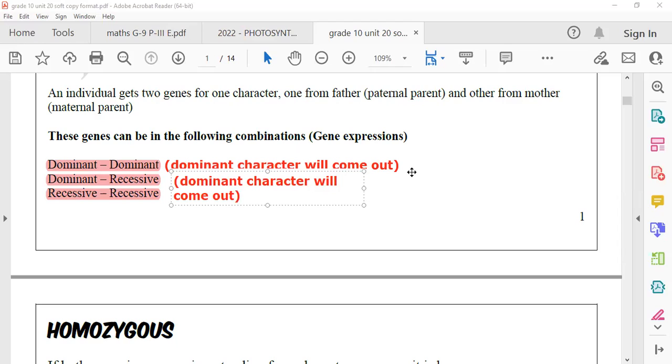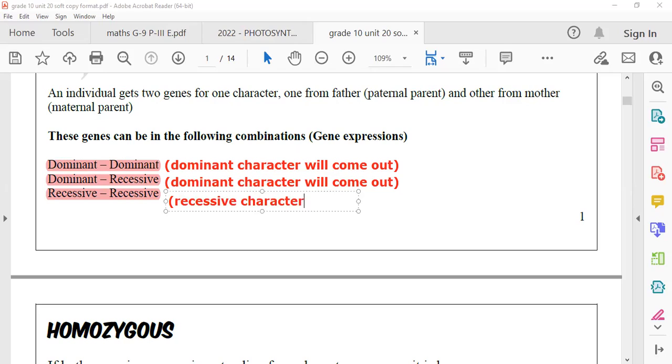Suppose both the genes are recessive, then what kind of character will come out? Recessive character will come out. So if you are bringing a recessive character in your body, what can you understand? Your father and your mother both have given you what kind of genes? Recessive genes. Now, I can't roll my tongue. Can't roll tongue is a recessive character.